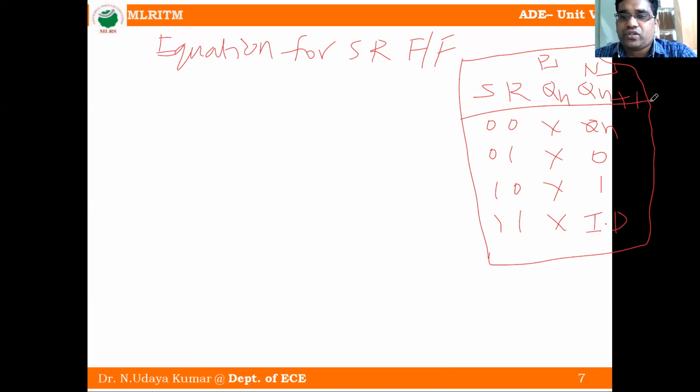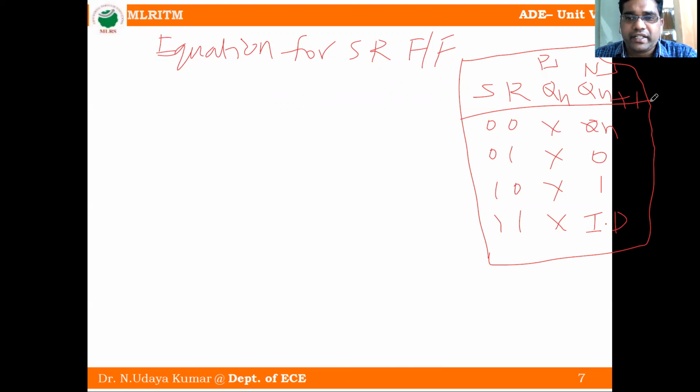Whenever 0 0 is given, irrespective of the present state, the next state is the same as the present state. For 0 1, irrespective of the present state, we get 0. For 1 0, we get 1. For 1 1, it is an indeterminate state. Okay. So this is the truth table for SR flip-flop.